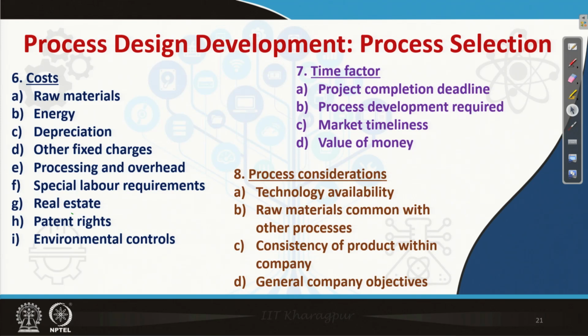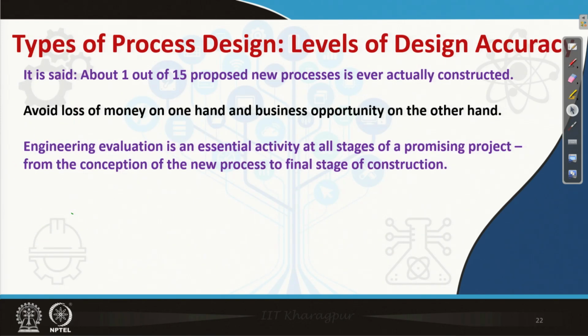So, all these will influence process selections. Now, we ask the question, what should be the level of design accuracy? It is said about 1 out of 15 proposed new processes is ever actually constructed. We have to avoid loss of money on one hand, and we must not lose business opportunity on the other hand.